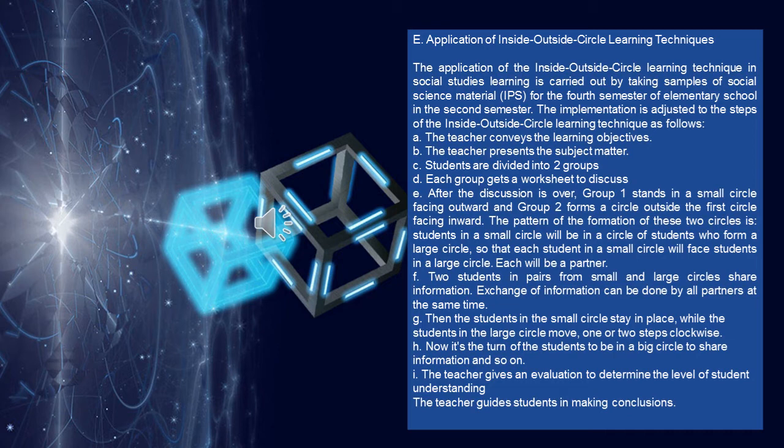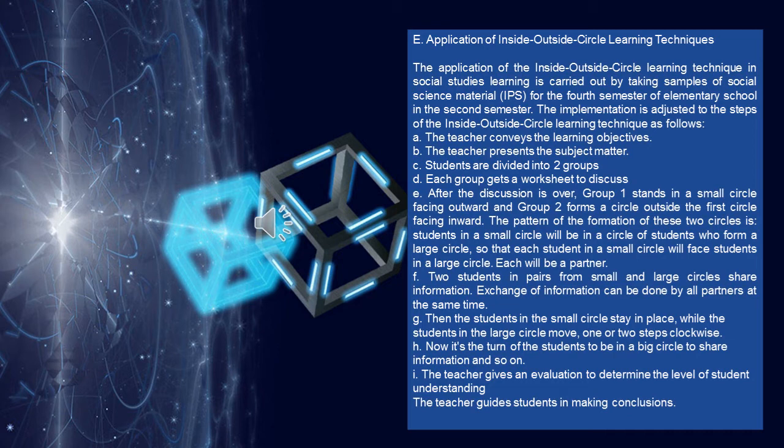In the second semester, the implementation is adjusted to the steps of the inside outside circle learning technique as follows. A. The teacher conveys the learning objective. B. The teacher presents the subject matter. C. Students are divided into two groups. D. Each group gets a worksheet to discuss.